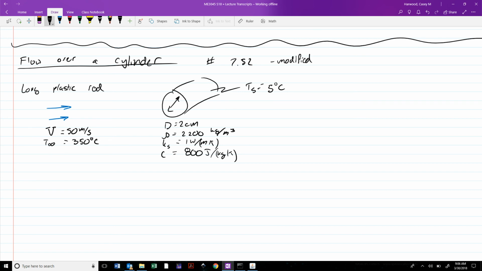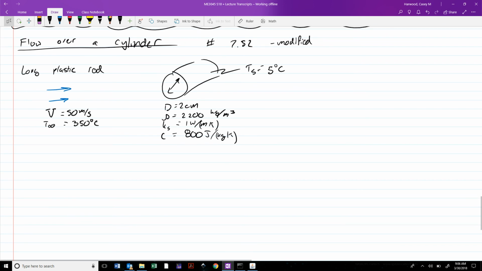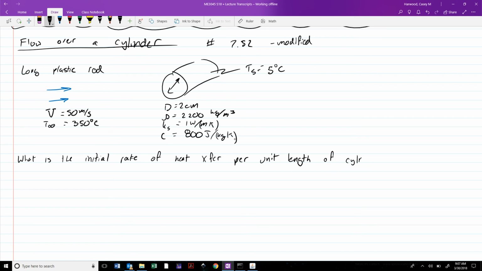All right, so this is like we're shoving this thing into a blast furnace. So, straightforward: what is the initial rate of heat transfer per unit length of the cylinder?